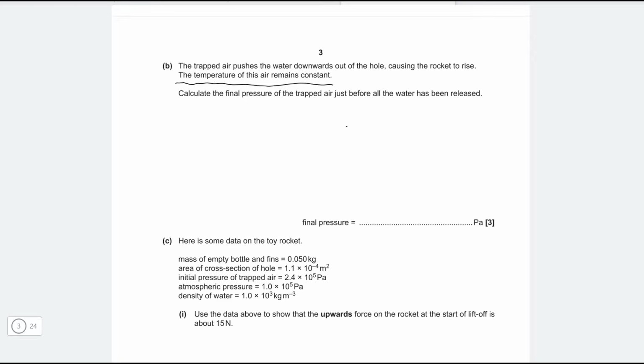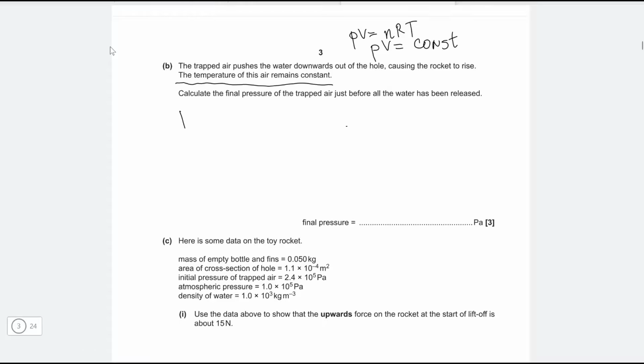Now, if the temperature remains constant, in the equation PV equals nRT, the amount of substance also remains constant, then this whole right hand side of the equation will be a constant, which means that PV will be equal to a constant. Pressure times the volume will be a constant.